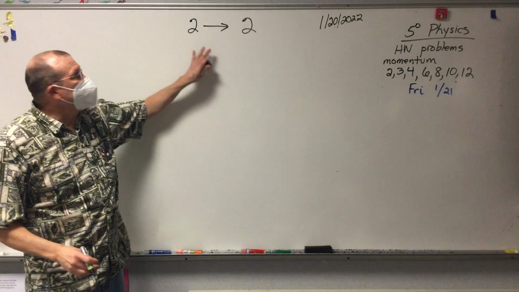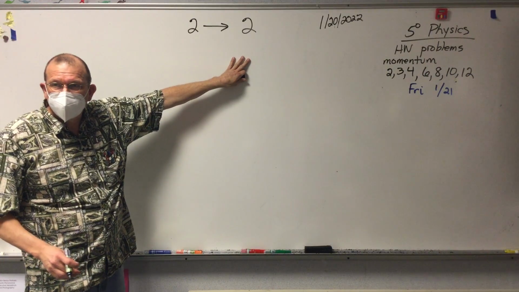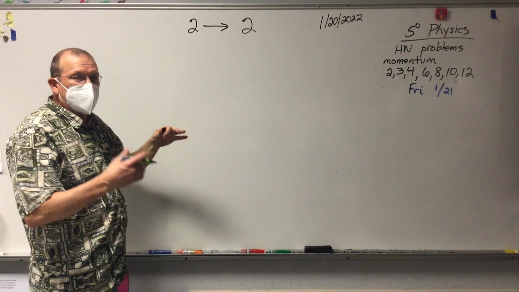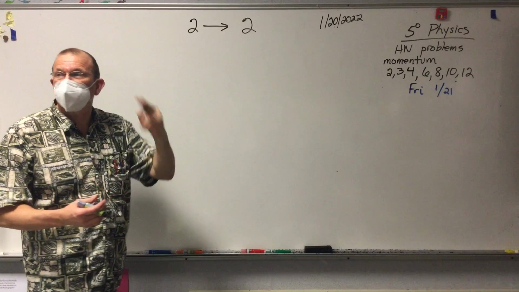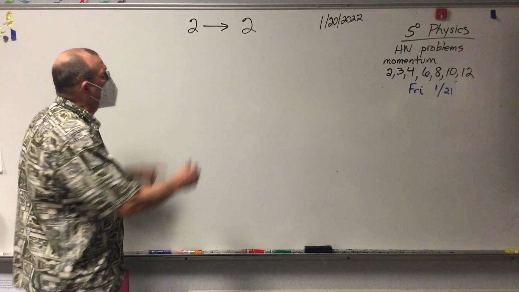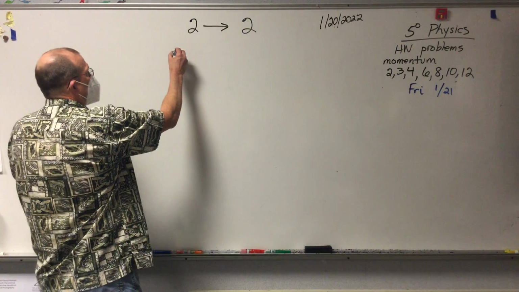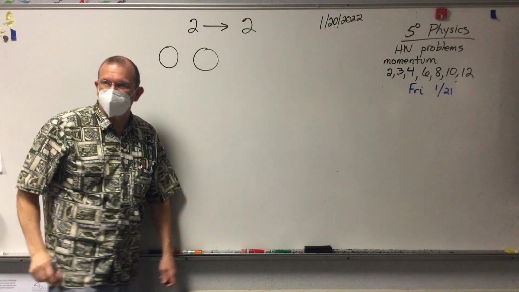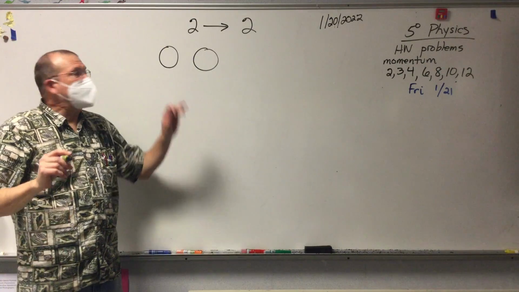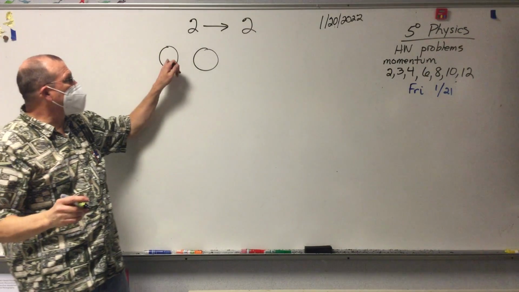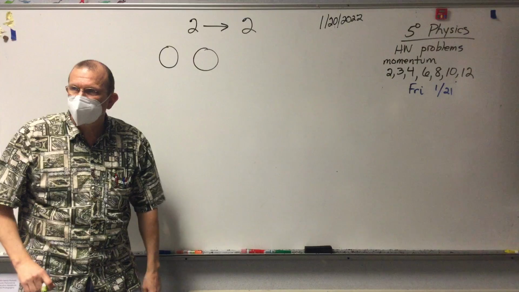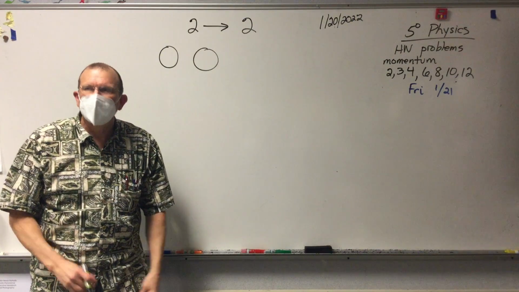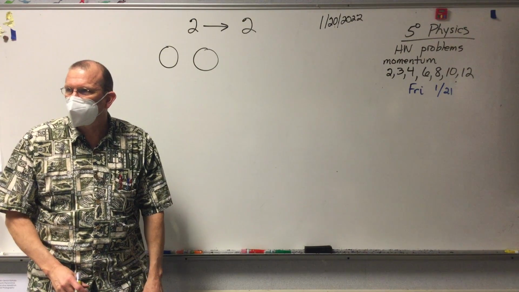And the reason I call it a 2-to-2 is because in my system, I only have two things. And they are separate from each other. So if I was to draw a picture, it would look like this. And then somehow these guys are going to interact. And that is a fancy way of saying they're going to bump into each other and collide.